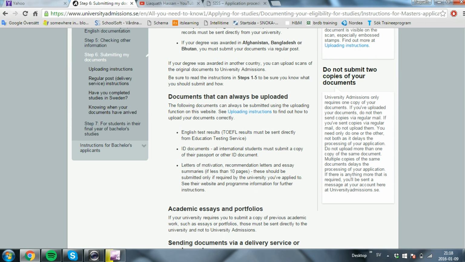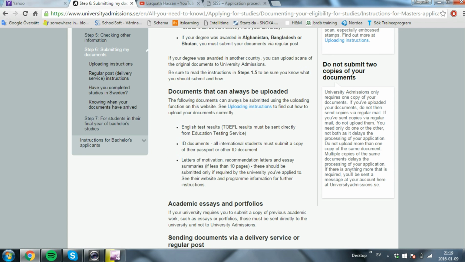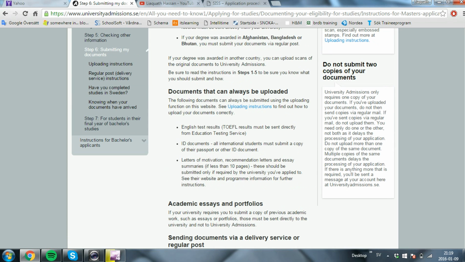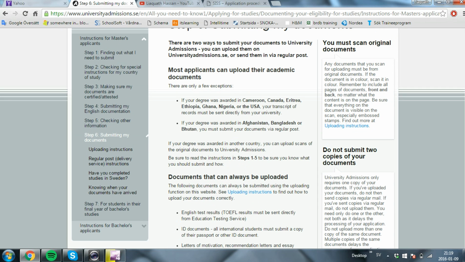If you go down, as I mentioned, documents that can always be uploaded are your English test result like IELTS, the ID document, that is the passport, letter of motivation, recommendation letters, and essay summaries. Sending documents is required, uploading is not. But as I mentioned, for the bachelor, you can always upload, no problem at all.